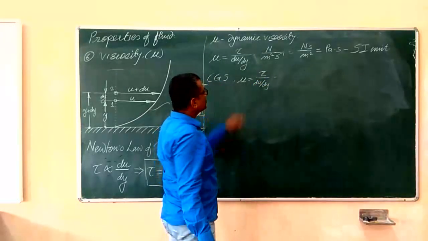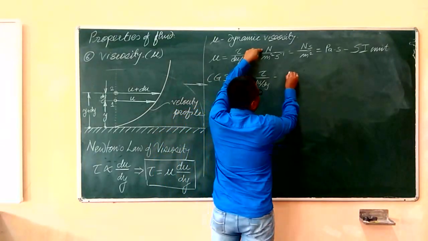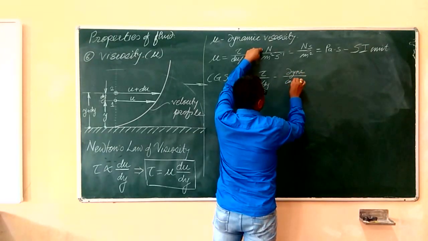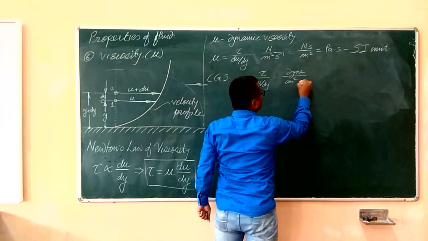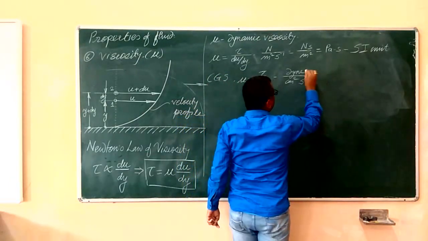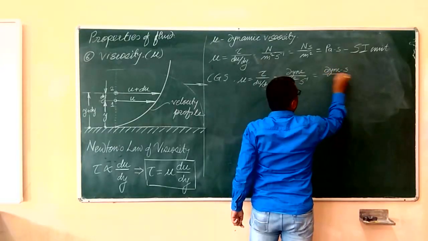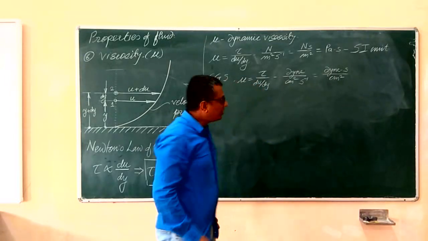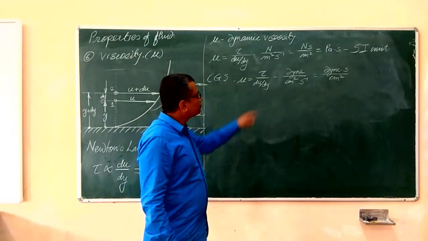So the unit for tau, that is the shear stress, in CGS will be dyne per centimeter square, and du by dy has the unit second inverse, so it is equal to dyne second per centimeter square.